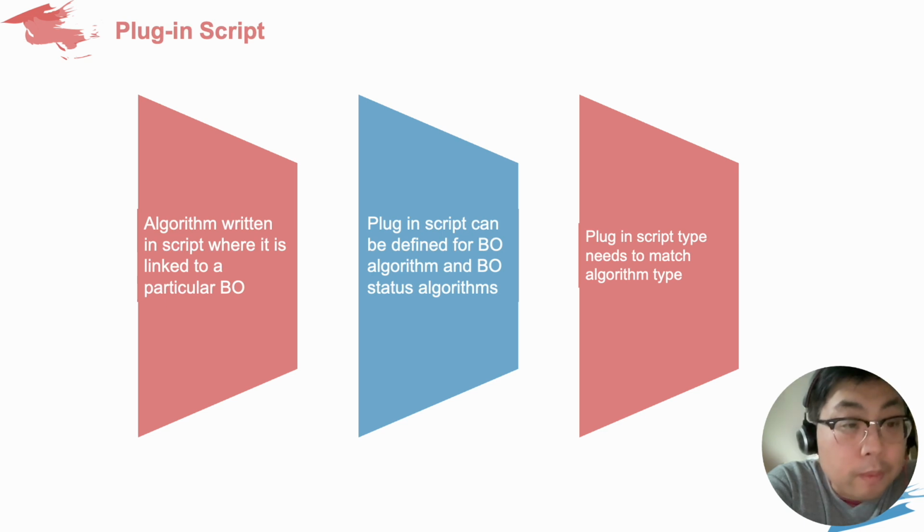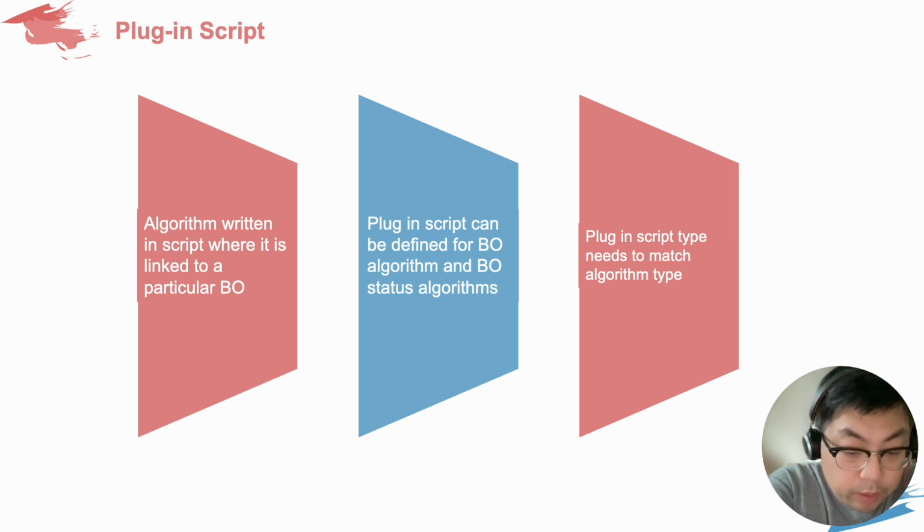What is scripting? The first thing is the algorithm written in scripting is linked to a particular BO if you're writing a plugin script. So a plugin script could be, in my experience, a BO algorithm or a BO status algorithm.